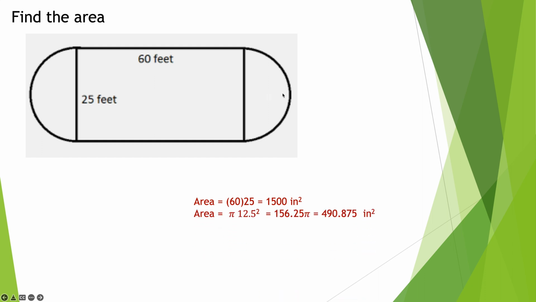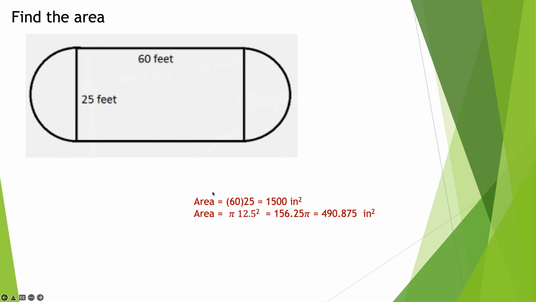And the circle, how do you know that? Well, first off, the circle's formula is pi r squared, right? But how do you know this radius is 12.5? Well, the radius of the circle going out this way, all radii in a circle are equal, like spokes on a bike. So this radius going up is going to be the same. But if 25 is the distance from top to bottom, then the radius has to be half of that, or 12.5.